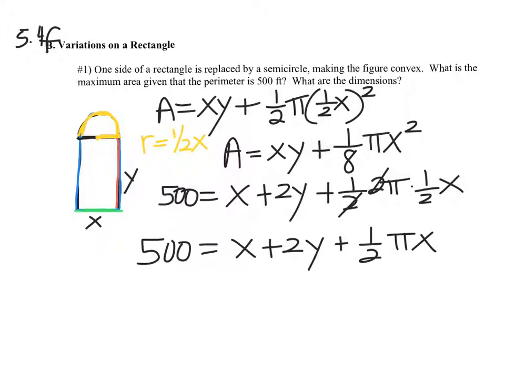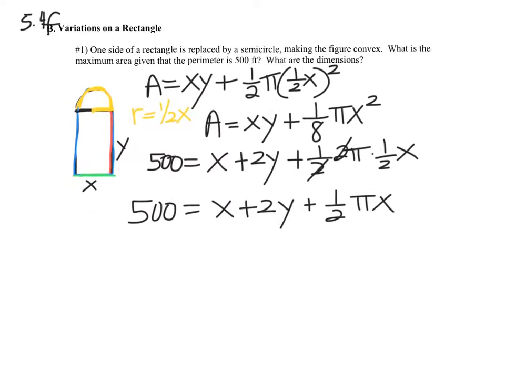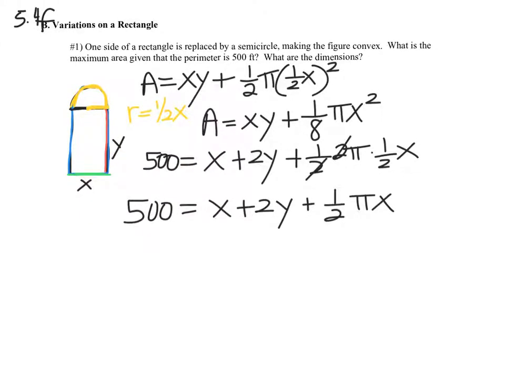Either way. So we need to maximize the area. We're going to take the derivative of our area function, but right now area is in terms of x and y. So we're going to go to our perimeter, solve for y, and then plug it back in. Let's subtract these guys over to the other side.